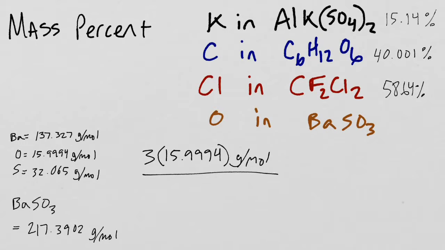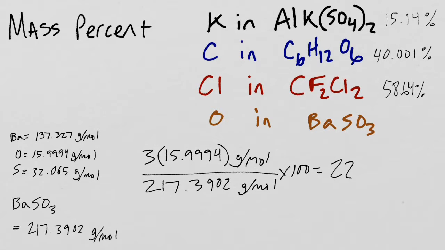The formula mass here is 217.3902, times 100. The percent mass of oxygen in this molecule is 22.08% oxygen.